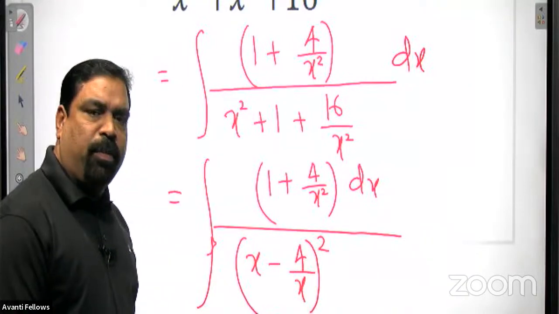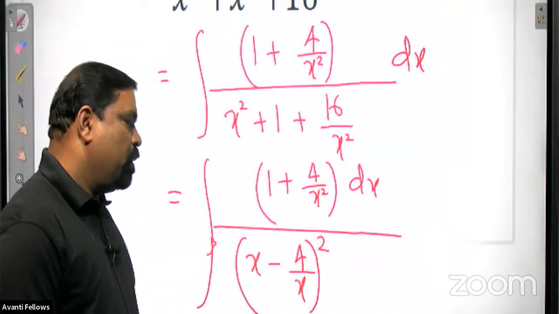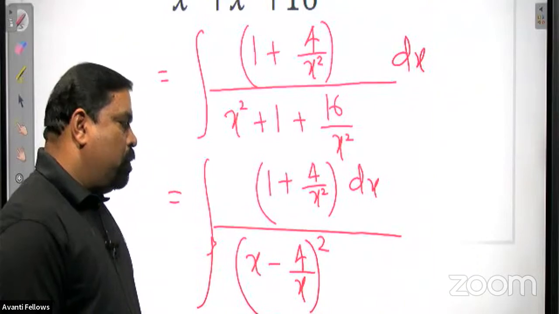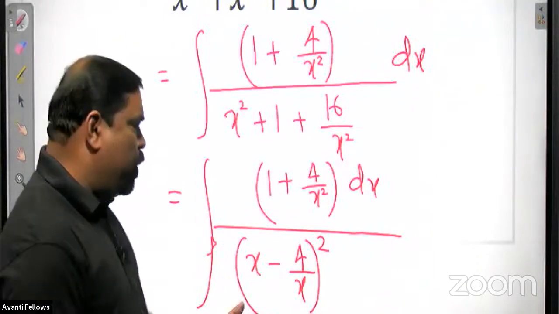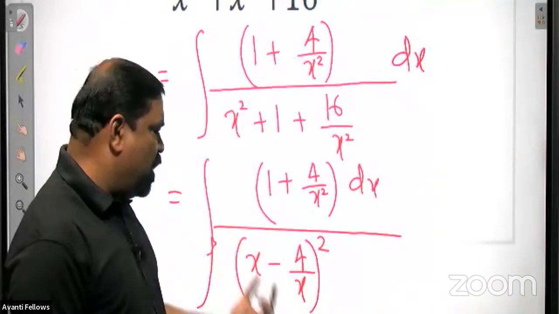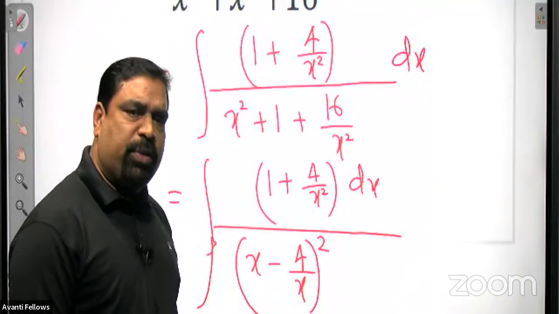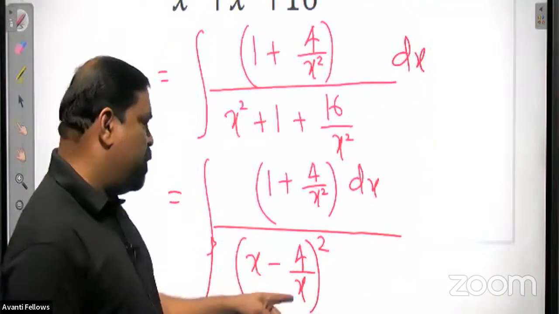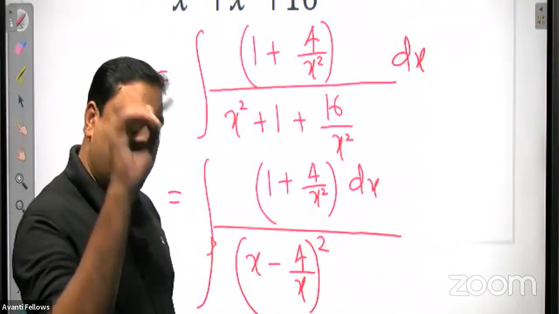I have to add one more term, but before that, check what x minus 4 by x whole square actually is. If you expand, what will you get?